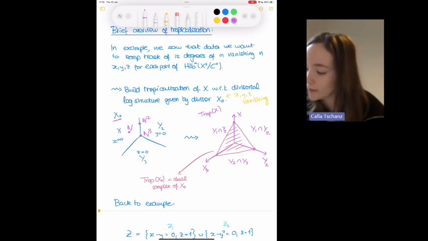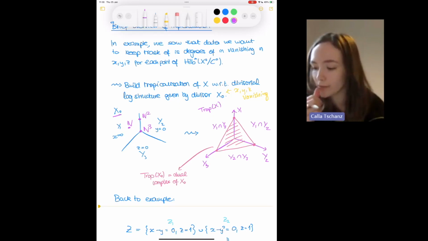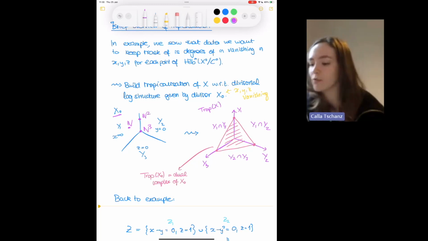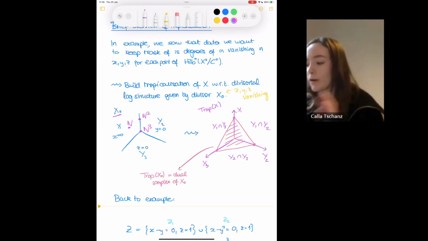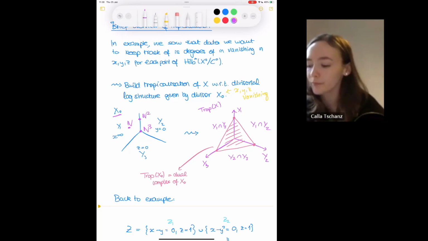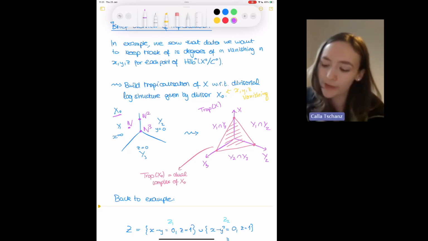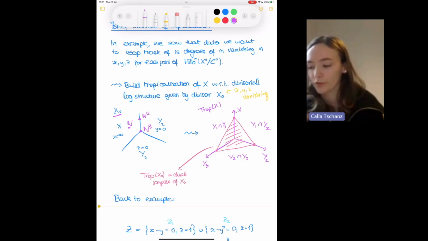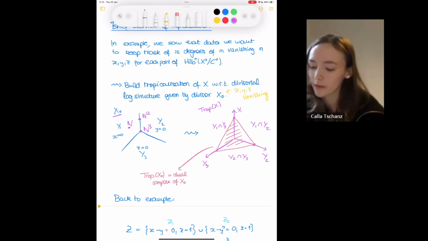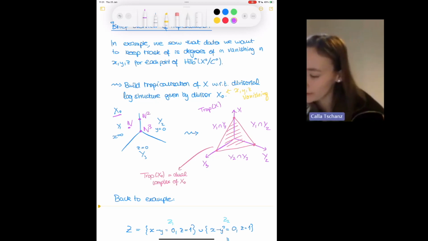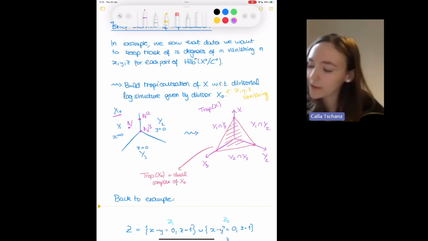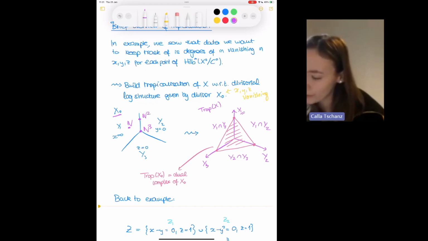And this, vaguely stated, is basically the data of the tropicalization. So if we just go over to the tropical side and we draw what X becomes, well, if I look at my Y1 component, that should become something one-dimensional in the tropicalization, because it's just given by N. So, abusing notation here and calling things Y1 and so on, Y1 from the geometric side becomes this one-dimensional half line on the tropical side.